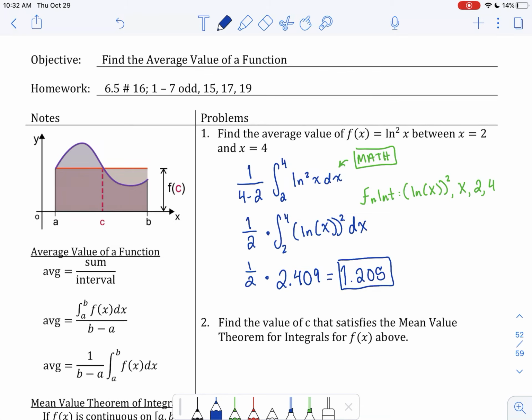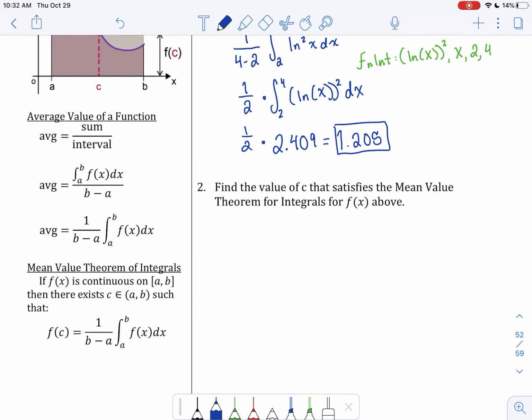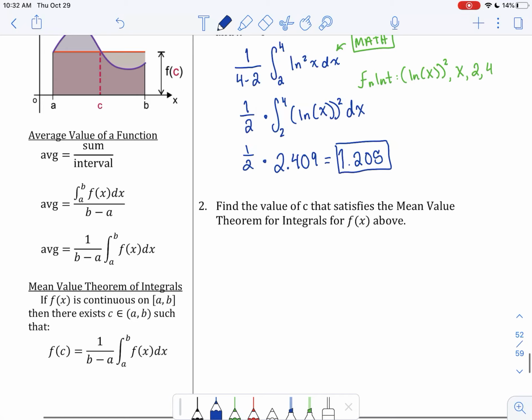Now, with average value, you also are going to have things about the mean value theorem of integrals. Remember, there's one for derivatives that says that there's a tangent line parallel to any secant line. Here, the mean value theorem of integrals says that if f of x is continuous on the interval, then there is some value of the function that's equal to the average value.